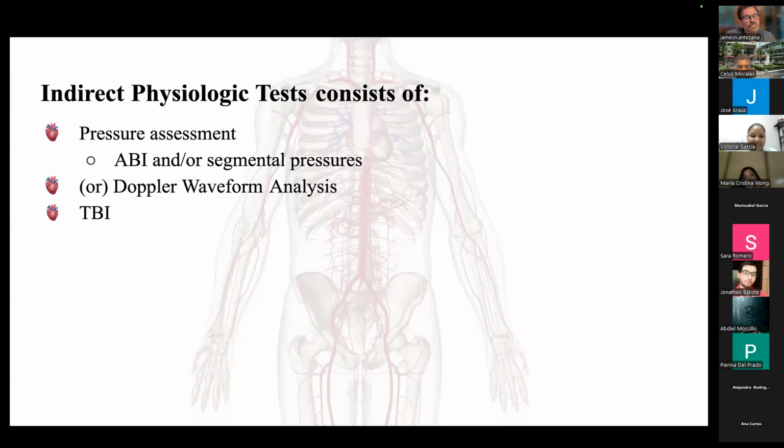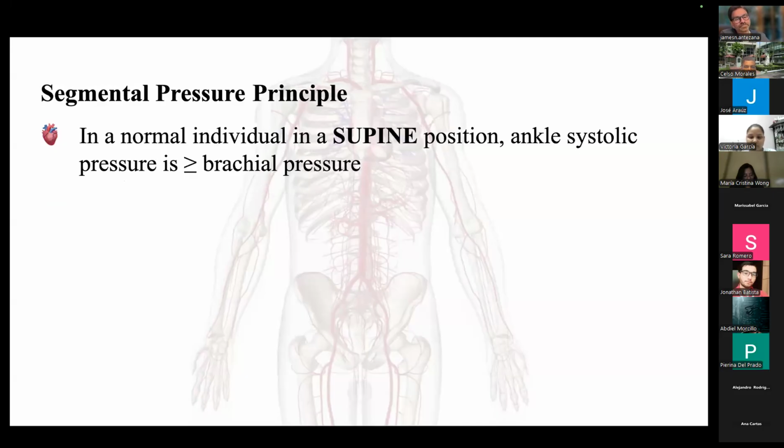Then we have the toe brachial index, and thank God we have it because in diabetic patients with stiffened arteries in advanced atherosclerosis, where you cannot compress those vessels and get an accurate measurement, we've got TBIs. Toe brachial indices compress the smaller vessels, which have been spared, including in diabetics, and we can measure a true objective marker to tell us if the blood flow is adequate or inadequate to that toe or to the foot, okay?